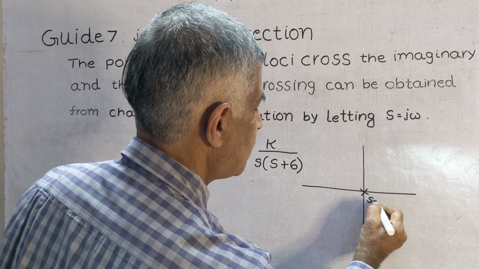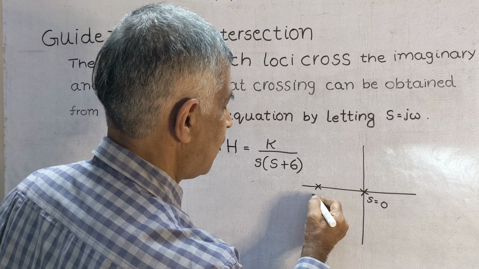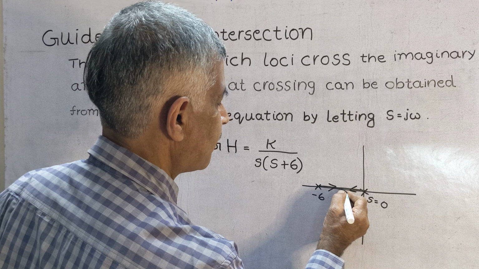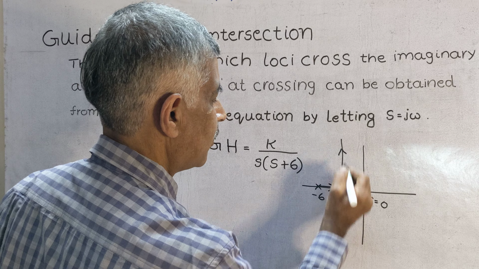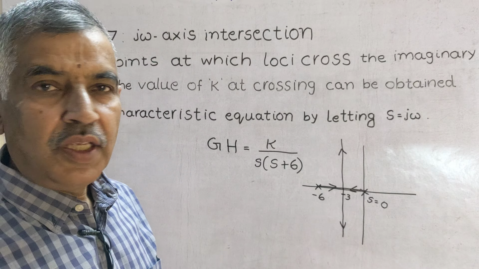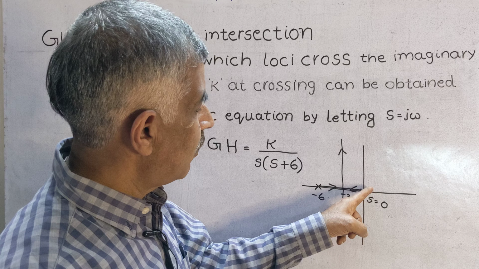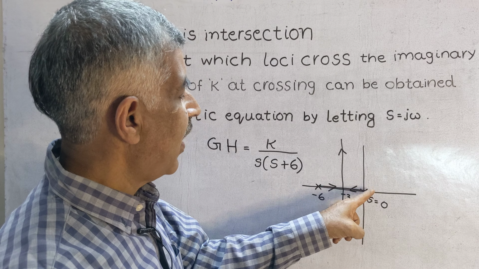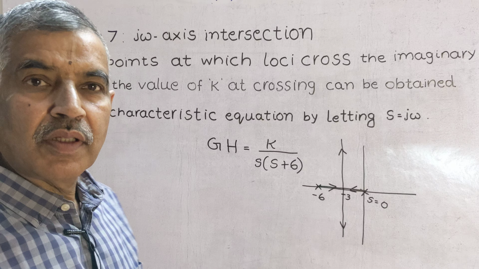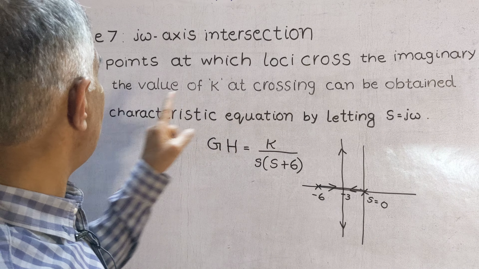Pole at s equal to 0, pole at s equal to minus 6, and this is the root locus. Here there is one and only crossing point, that is at s equal to 0. You can find that. Form the system characteristic equation.